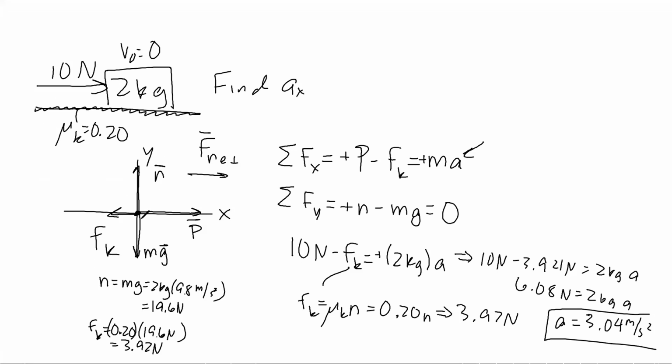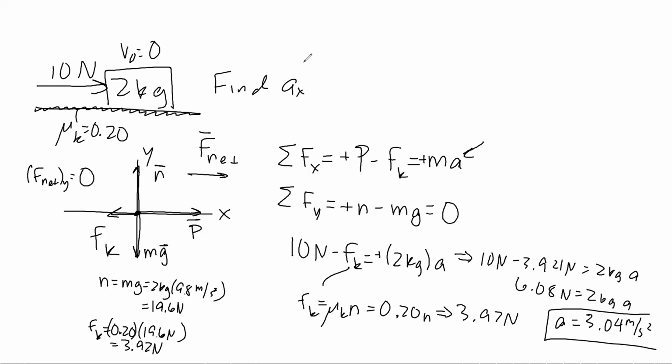First of all, F net in the y direction in this problem is 0, and the normal force and gravity are the only forces in the y direction. And so both of those force N to equal mg.